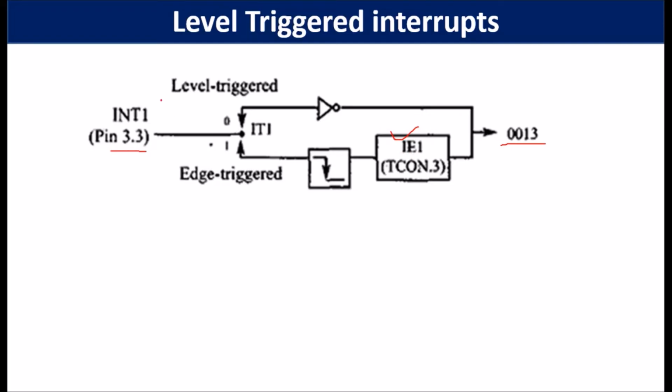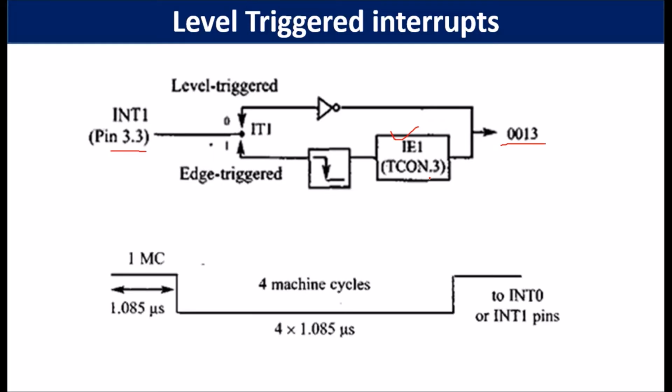Bit 2 is used for INT1, and the TCON.3 bit we are also using here to select whether edge triggered or level triggered, which we will discuss. Again for this interrupt 1, this pin should be kept at logic 0 for at least 4 machine cycles, and before execution of the last instruction of the interrupt service routine, this signal should be pulled to logic 1.